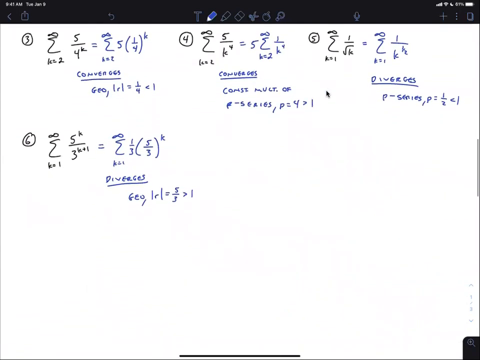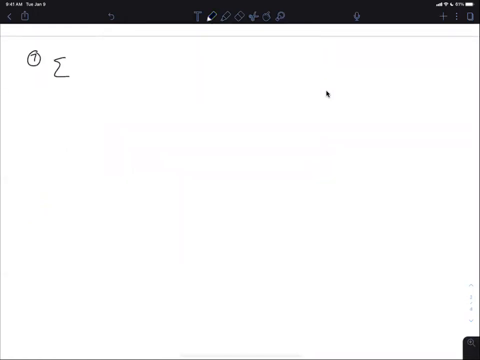So when we look at the next problem, and it's going to be a few minutes before we actually solve it, let's say k minus 6 over k to the third plus 5k minus 2 from k equals 1 to infinity. That's a lot more complicated looking than the other ones we've done.